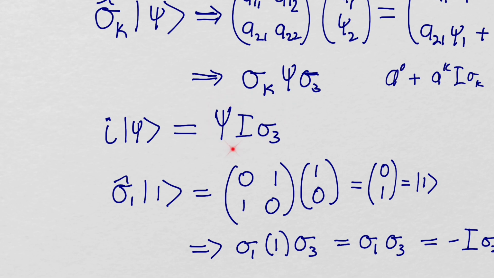This is the prescription: if I want to find the equivalent geometric algebra spinor that represents the spinor multiplied by the complex number i in our Pauli work, I have to multiply on the right by i sigma 3, which is multiplying on the right by a relative bivector.